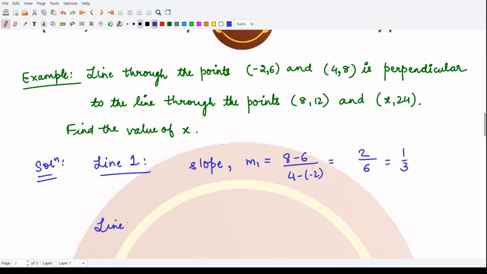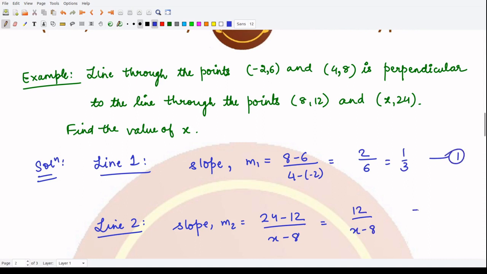And for line 2, the slope m2 is obtained by calculating through these 2 points. So it is y2 minus y1, 24 minus 12, divided by x2 minus x1, x minus 8, because this x is not given to us. So it comes out to be 12 upon x minus 8.